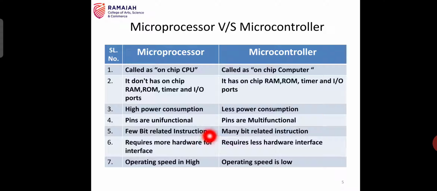And the fifth comparison: in a microprocessor few bit related instructions are there, but in a microcontroller many bit related instructions are there. That means with more bit related instructions available, the microcontroller program will become more versatile than that of a microprocessor. A microprocessor requires more hardware for interface, as we know that there are no on-chip peripherals, hence it requires more hardware in order to create an interface.